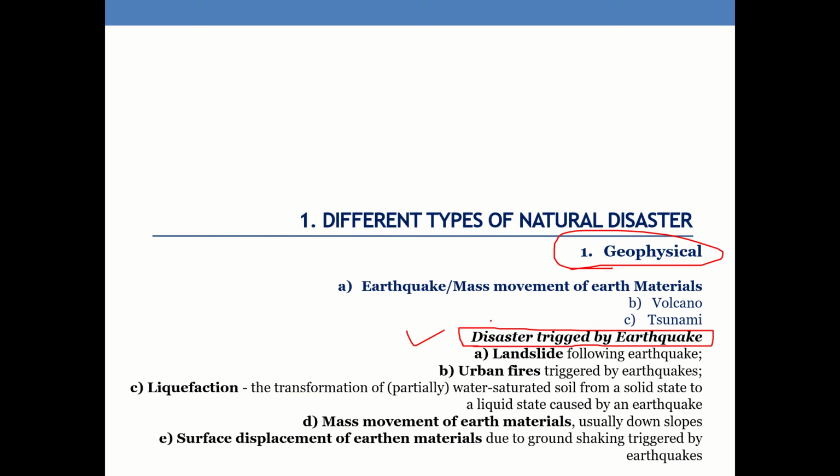In fact, this is one of the units in your syllabus. We will go in deep and learn about it, about different ways in which it can be addressed, what we as architects can do, and what NBC says about earthquakes.